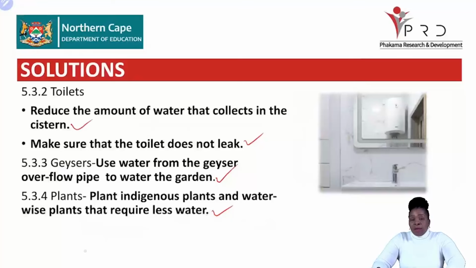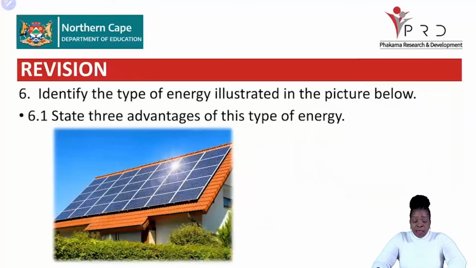Right. We proceed, learners. We go on again with our revision. Question 6 reads, identify the type of energy illustrated in the picture below. Right? And 6.1 reads, state 3 advantages of this type of energy. Right.